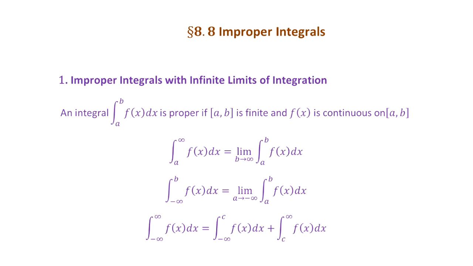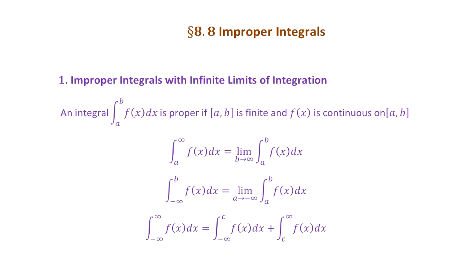And sometimes you might need to find the area under the curve of f for the whole horizontal line, okay? So there are tails on both ends. In this case, you have to break the integral into two parts. Just cut the whole area under the curve into two parts anywhere.